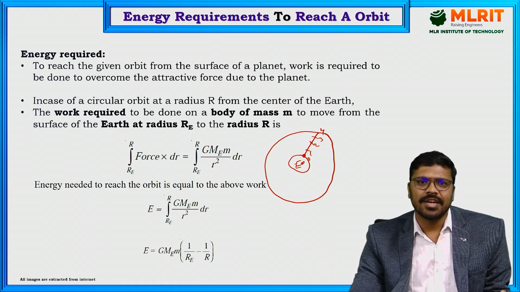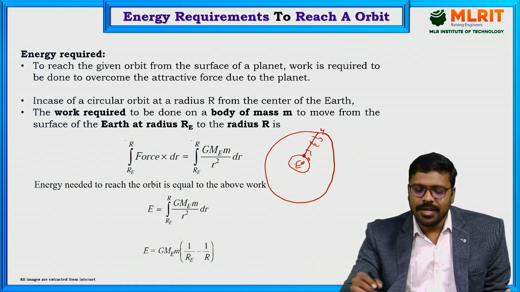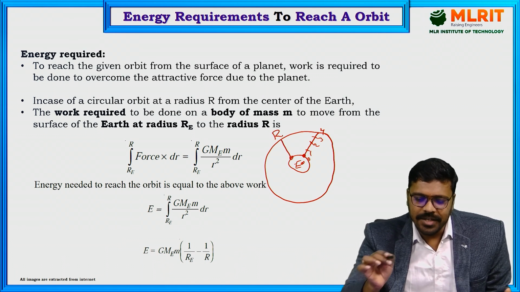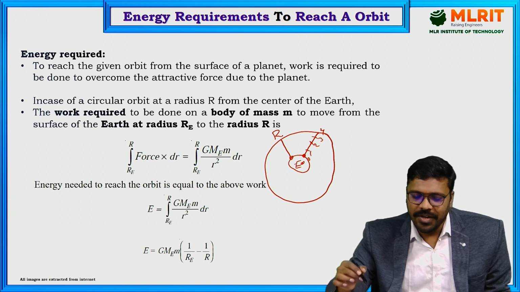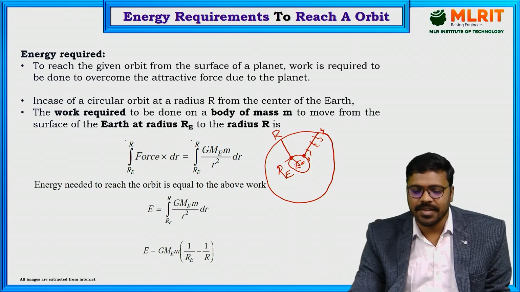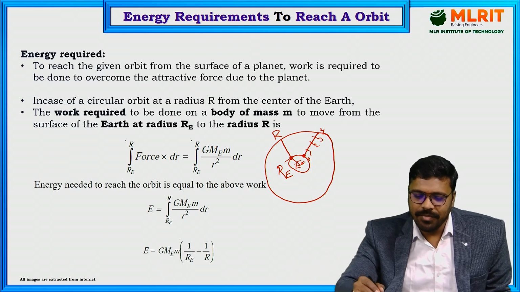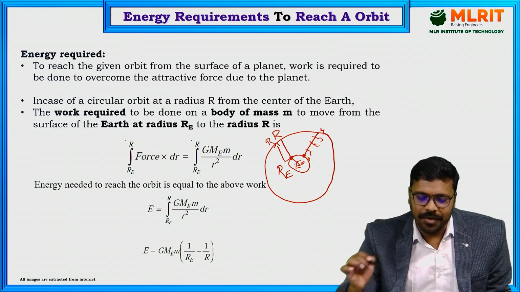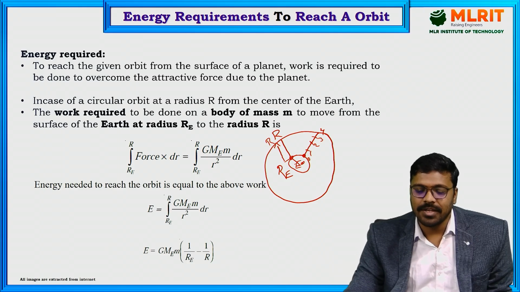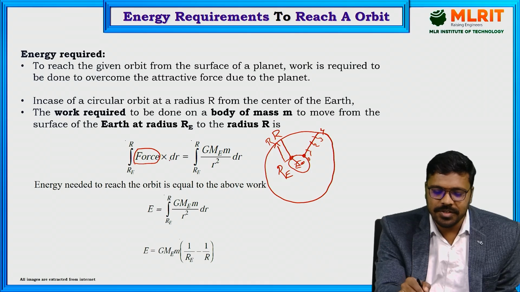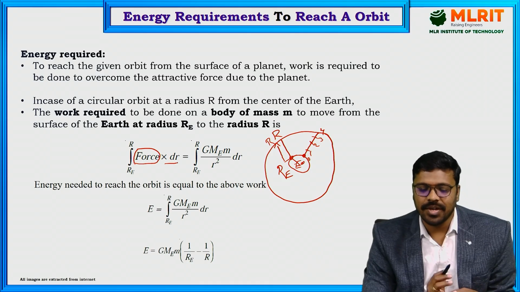The work done required by the body to reach from Earth surface to the orbit of radius R. If I take the Earth surface, the radius at the Earth surface is RE, and I have to move from RE to radius R. So, what is the force acting on the body? That is the gravitational force.